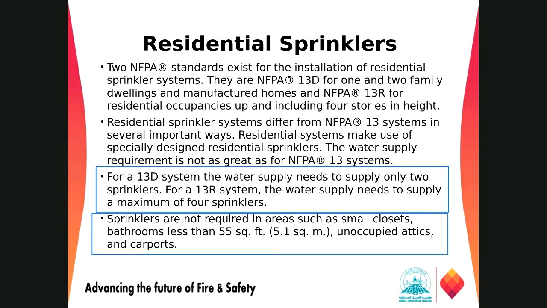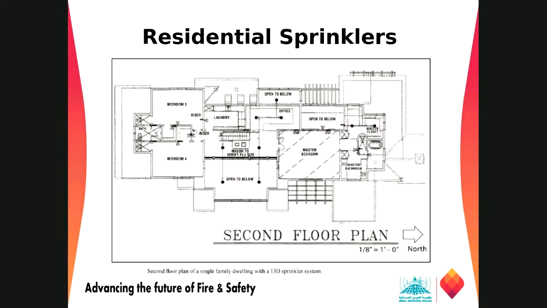The one we saw in most of the cases, which is for life safety and property protection. 13R and 13D is only talking about life safety, right? When there is a fire, you will be awake and you will just leave the building, or the sprinkler system fights the fire. This is the second floor plan. So we need only 2 to 4 sprinklers based on which NFPA they have followed.